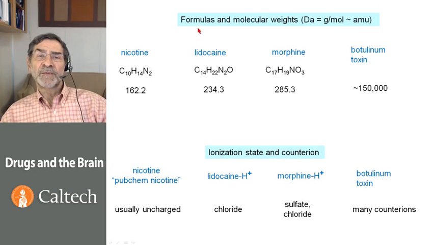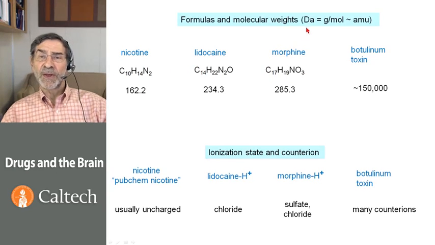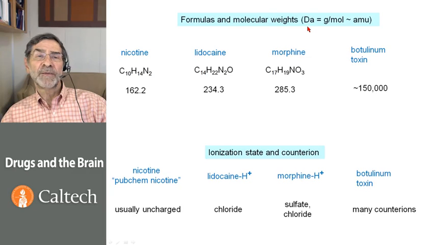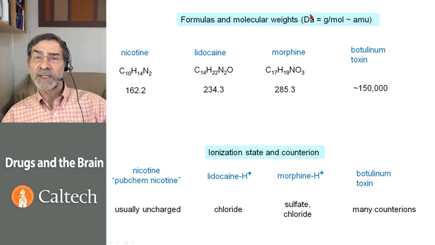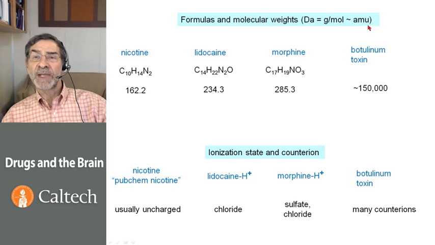In terms of atomic formulas and molecular weights, here's a list. The unit of molecular weight, also called molecular mass, is the Dalton, which is the same thing as the number of grams per mole, and to a very high degree of accuracy, also the same thing as the number of atomic mass units.